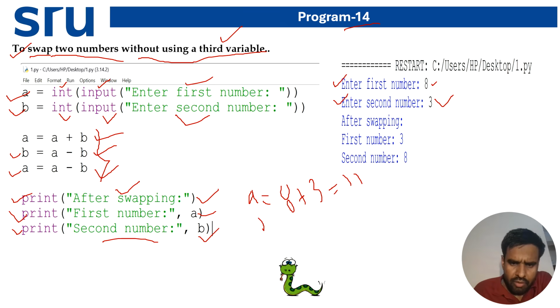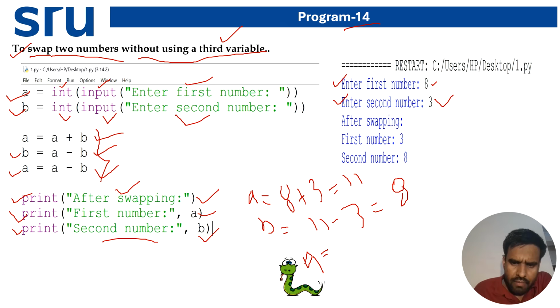Now again b equal to a minus b. Now 11 minus the value of b, which is 3, so the value of b becomes 8. Now I am taking another a equal to a minus b.